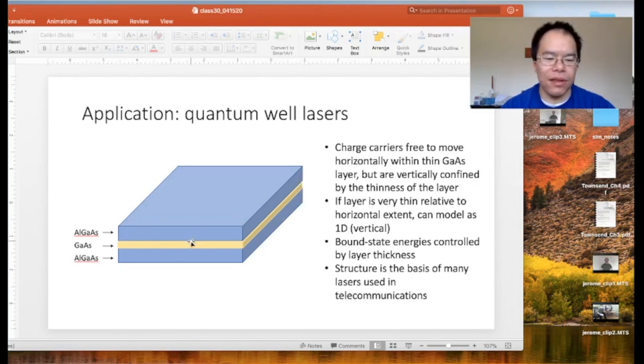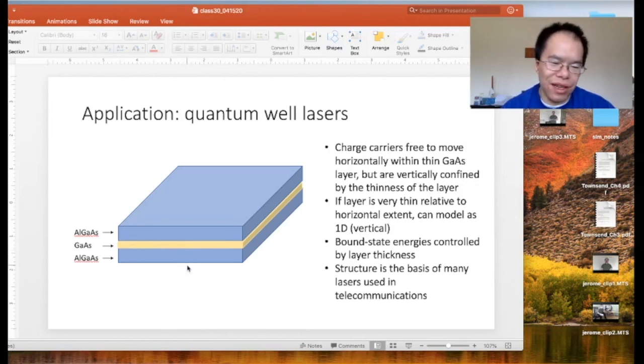If you imagine a situation I've drawn schematically here, we have this middle layer of, it could be something like gallium arsenide, where your charge carriers are effectively free to move. This is a sheet that's essentially large horizontally compared to its thickness. So you can model this as essentially 1D, where the charges within this gallium arsenide layer are free to move horizontally, but are vertically confined by the thinness of my layer.